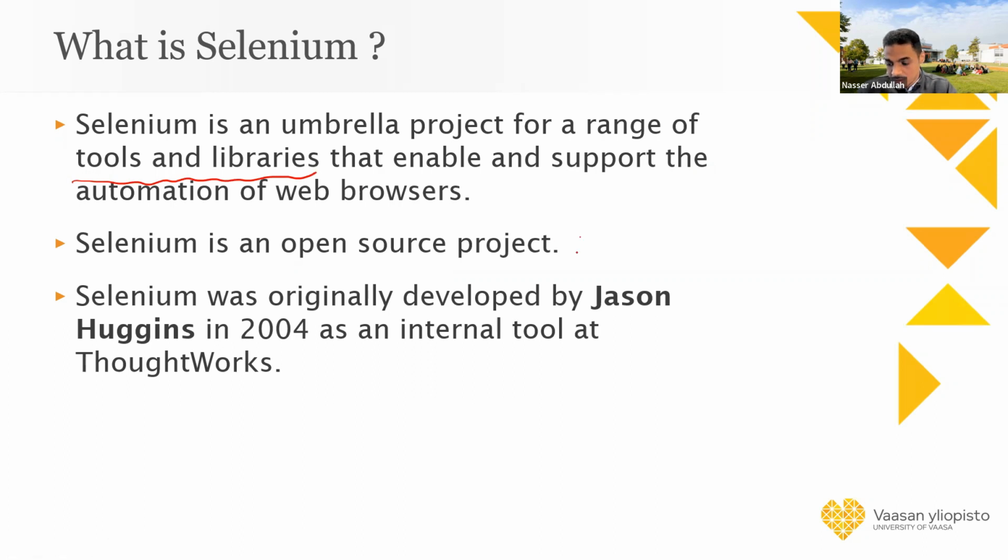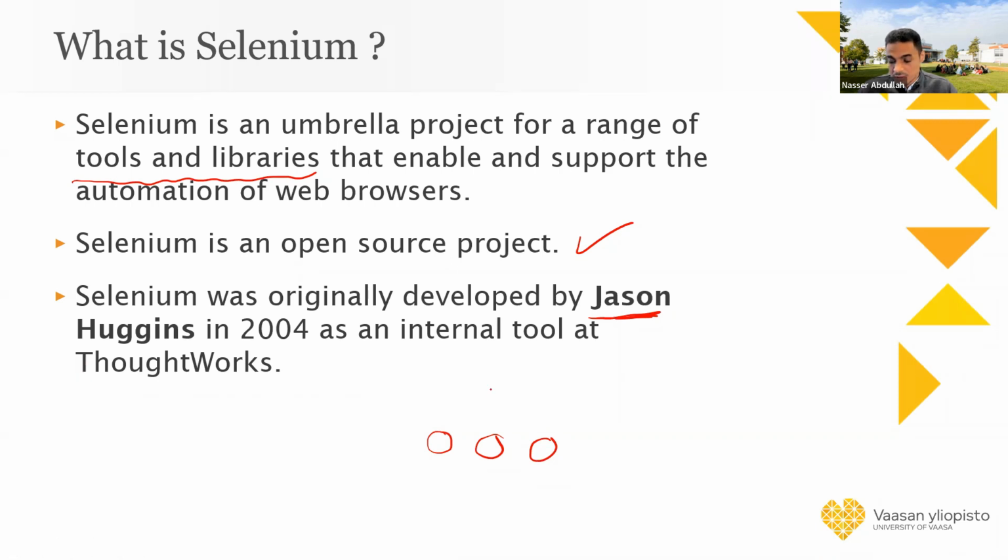It's open source. It was originally developed by one guy, Jason Huggins, in 2004. After that, many people contributed to this project to add other features and tools. For example, the first tool was the JavaScript runner, I think that's the name.